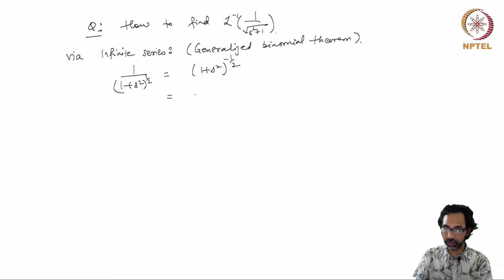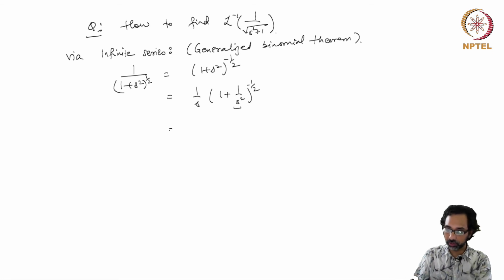Let's rewrite this as (1/s)(1 + 1/s²)^(−1/2). This will give us a power series in 1/s², so that inverting it will give us some powers of t.